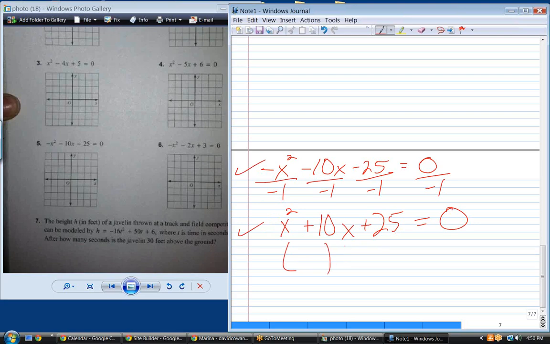Help me factor this. It'll both be x plus, and it's plus 5. So what's the solution here?